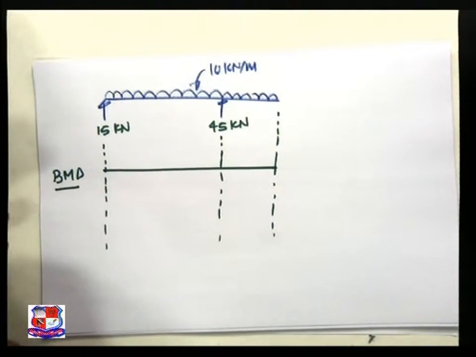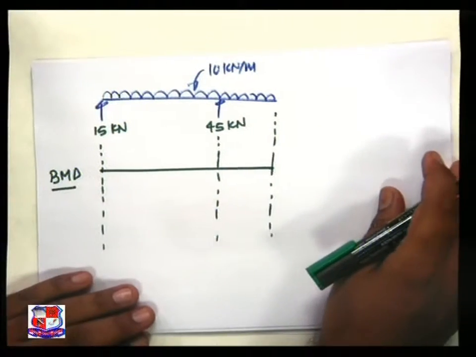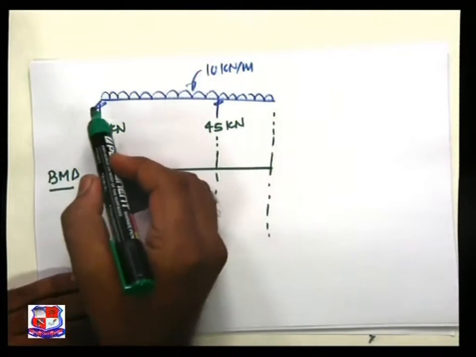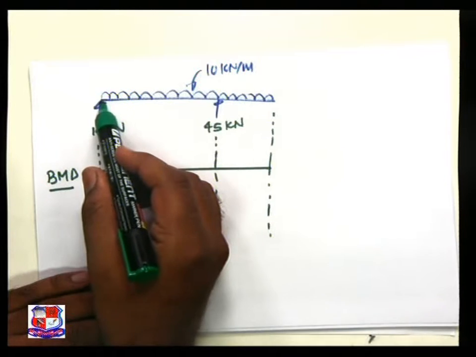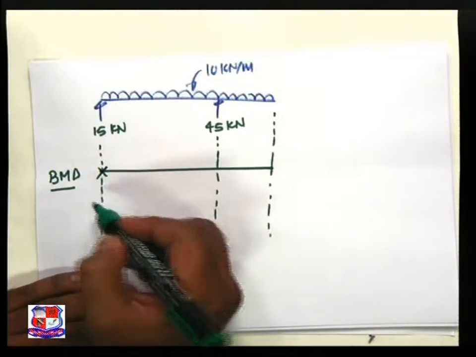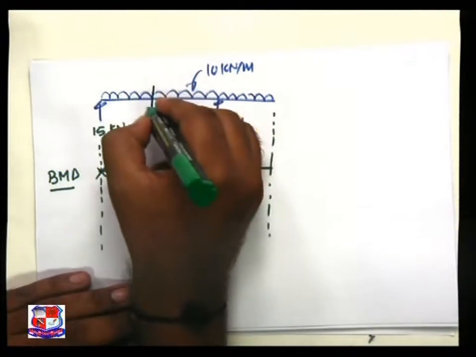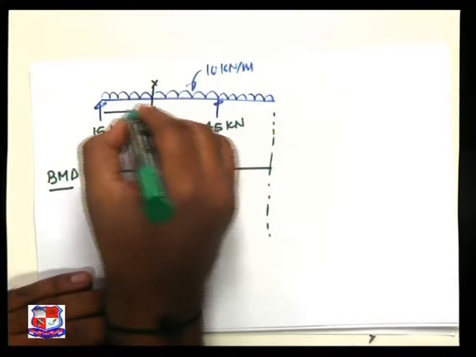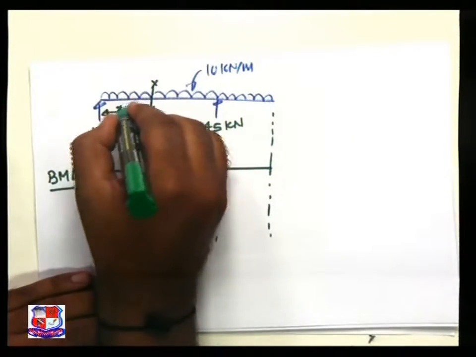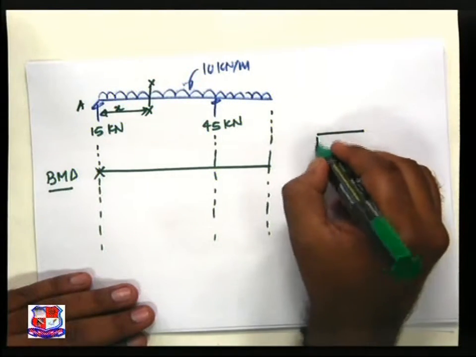Now next point, let us take a section. As we know, support is there over here, the value is 0, but even though, let us take a section xx, distance x from A, and our figure first one is like this.